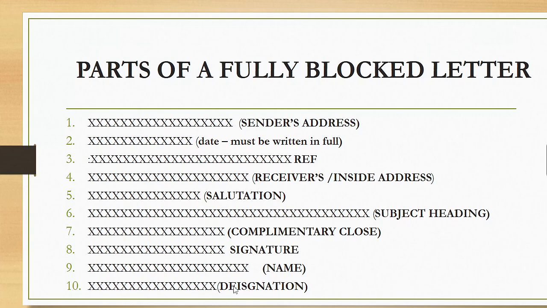So there's a spelling error there. So ensure that you also check your formal letter for errors, such as grammar errors and mistakes, so that you rectify them. So these are the 10 parts of a formal letter.